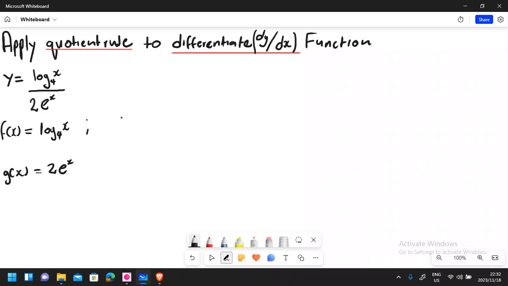So let's find f prime of x, the derivative of f of x. Now remember, this is a log, so it's going to be 1 over x natural log 4. Guys, I explained this type of derivative in another video.